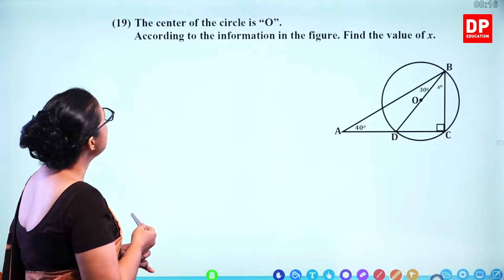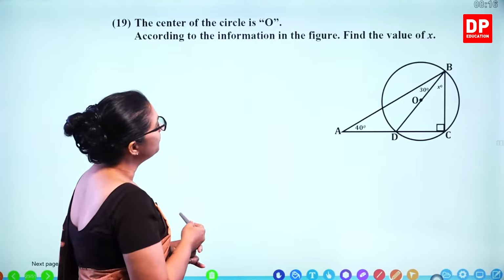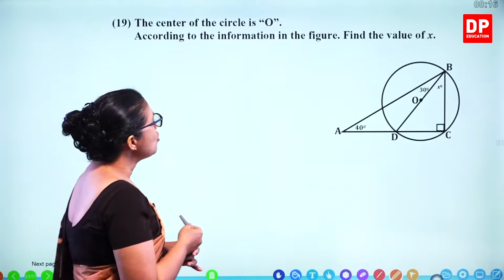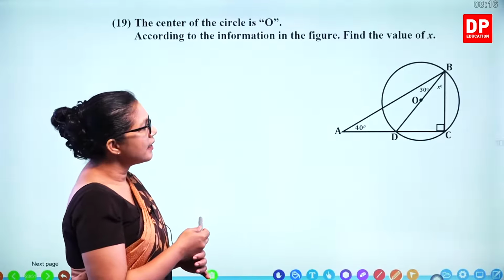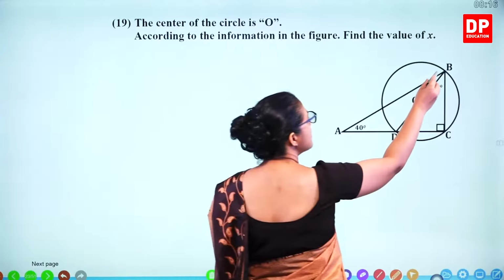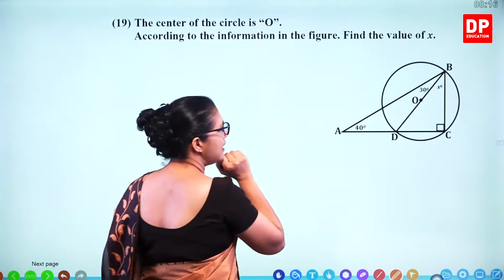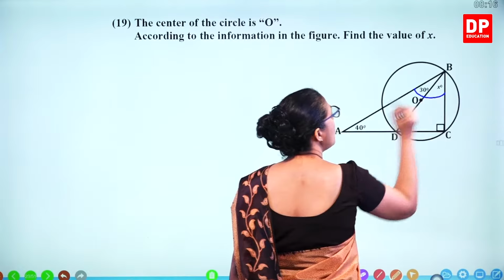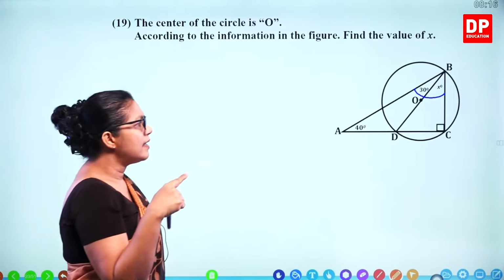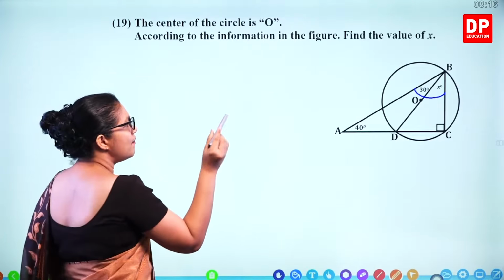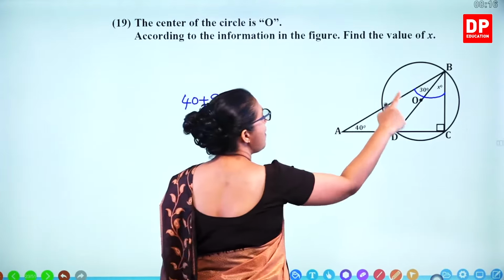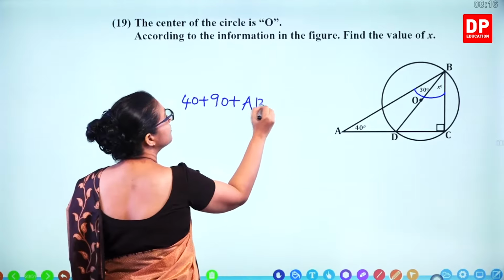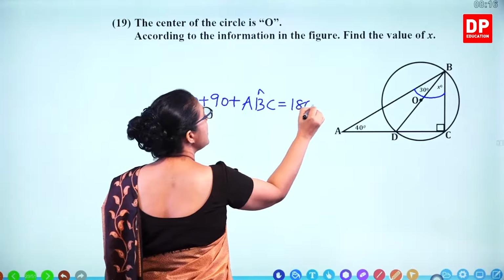Question number 19. The center of the circle is O. According to the information in the figure, find the value of x. Look carefully. This is the diameter, so this is 90. So what is this whole angle? That's the triangle ACB. We can say 40 plus 90 plus angle ABC is 180.